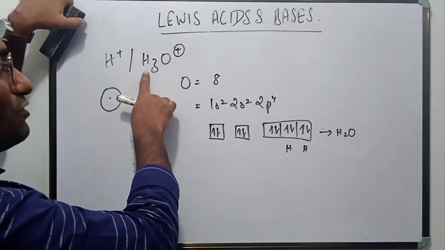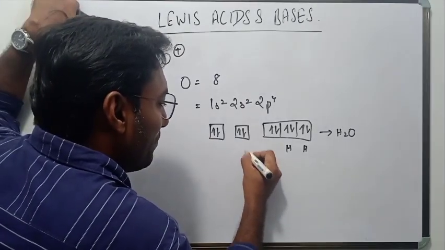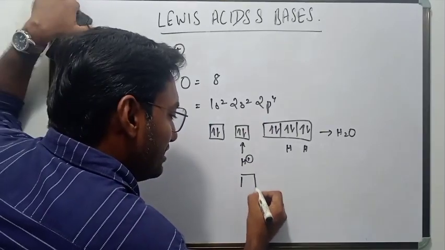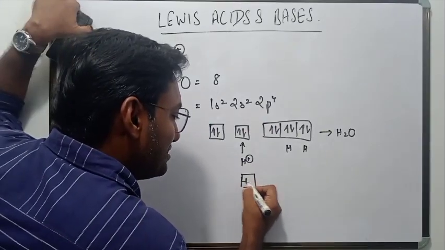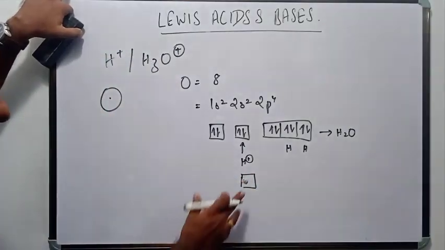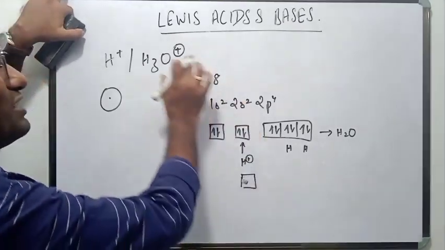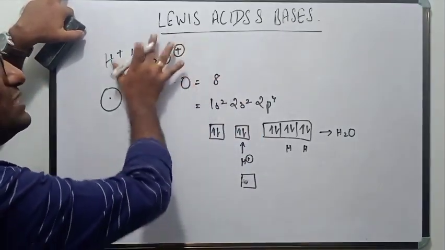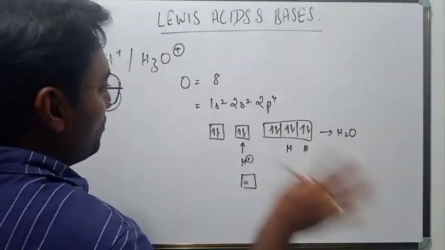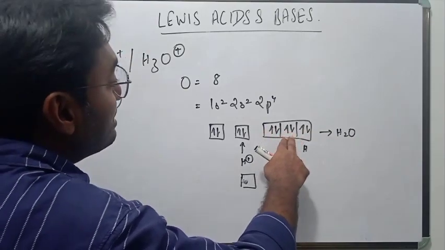When does it form H3O+? When H+ attacks the lone pair. When H+ attacks the lone pair, this orbital becomes empty, right? And then this orbital can accept a pair of electrons. Therefore H3O+ acts as a Lewis acid. H2O as it is is no problem, because when it becomes H2O, oxygen is able to complete its octet.